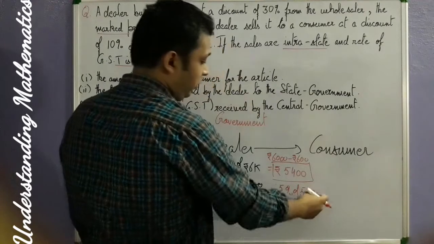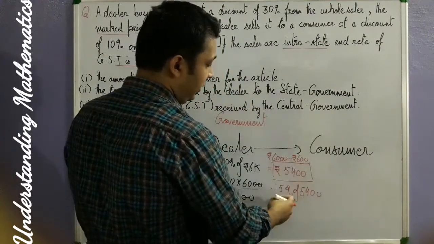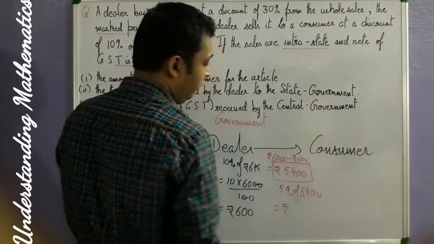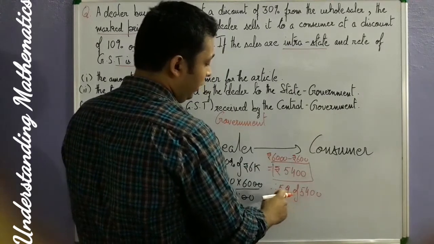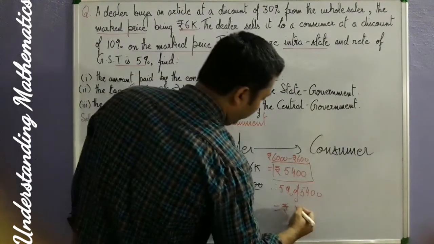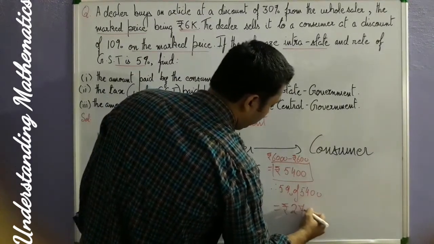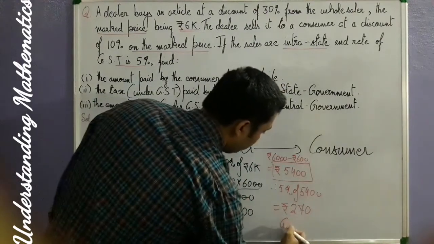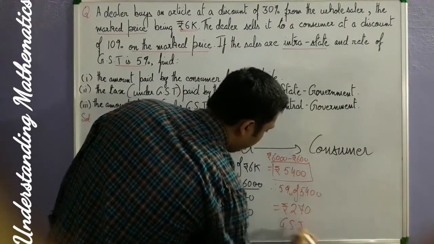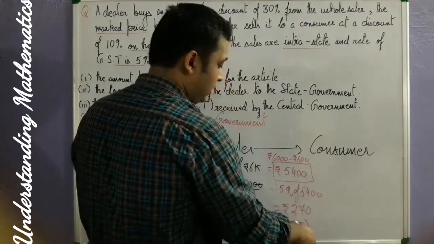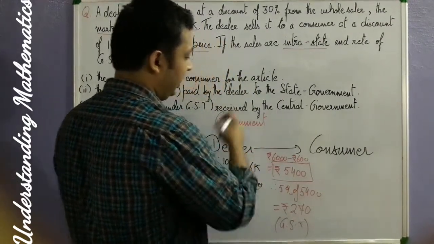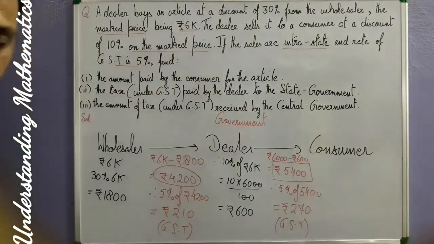You calculate, you remove the percentage sign, 100 comes up, 100 goes off, and then you have to only do 5 into 54. I think it will come out to be 270. So this is the GST amount that will be paid by the consumer to the dealer so that it can be given to the government.